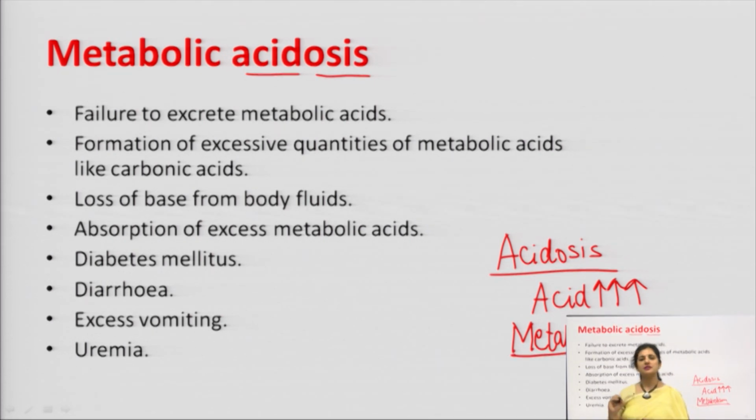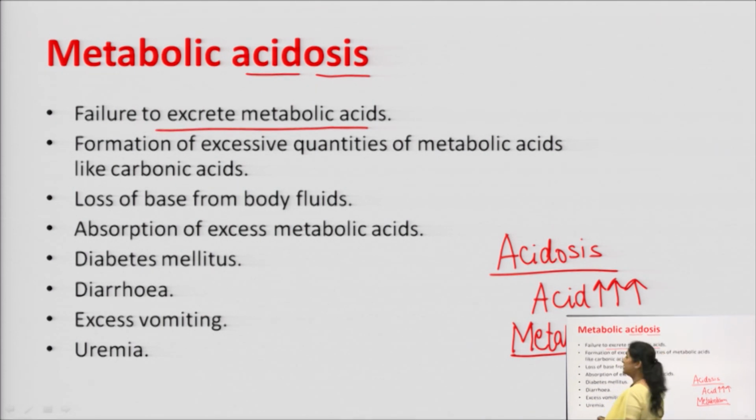Because of the metabolism or the metabolic processes occurring in our body, which lead to a higher acidic condition. If the acidic condition is higher, it is going to lead to a number of diseases. Now, how does this metabolic acidosis occur? What are the causes or factors which lead to metabolic acidosis? We will study them one by one.